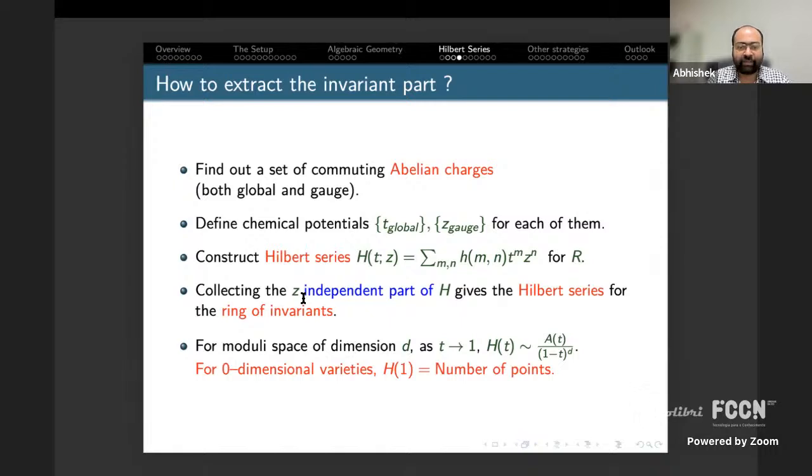A further simplification happens if you know a priori that you are supposed to get a collection of points, that is, a zero-dimensional variety. In such cases, h(1), if you put t equal to 1 in the expression for h, gives just the number of points. That is what the count is.